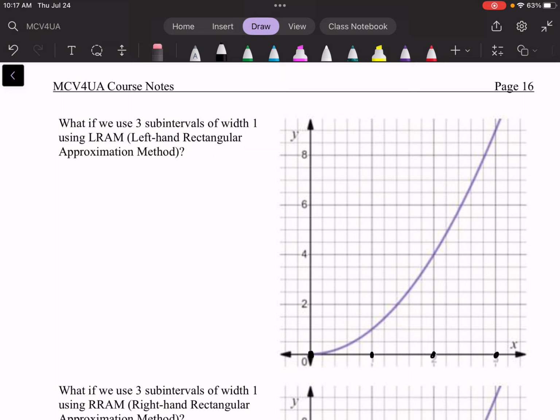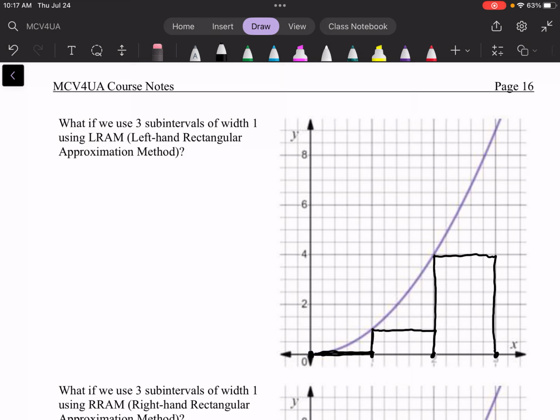For the left-hand rectangular approximation method, we take the left-hand point and create a rectangle from it. The first rectangle, based on this horizontal black line, doesn't have a height. For the next one, we'll have this height, and the next one would have this height.